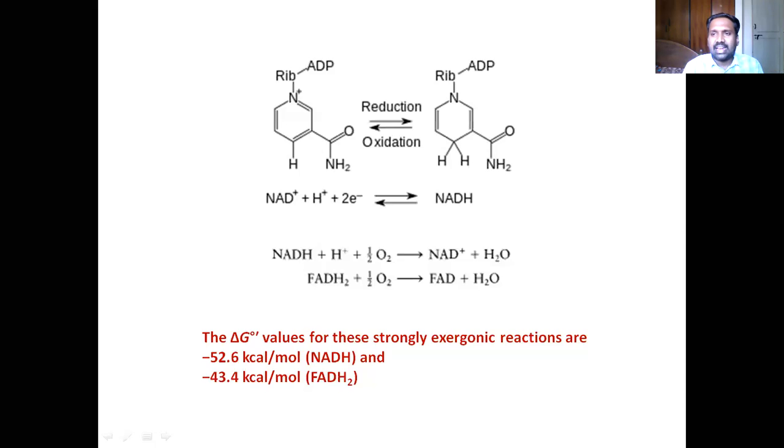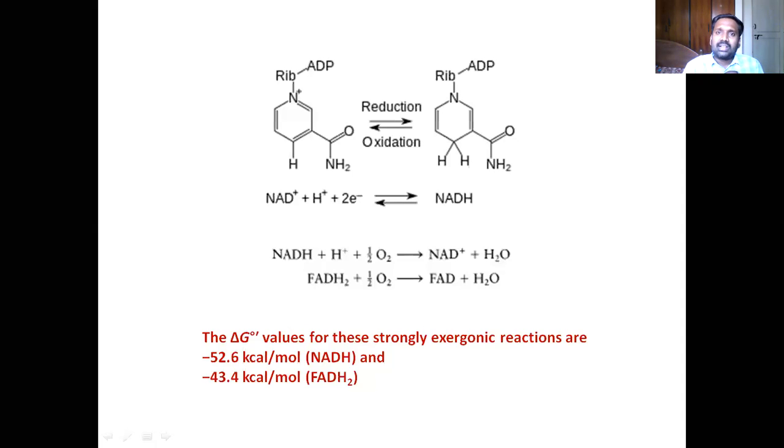So whether you oxidize NADH in a single step or in 10 steps, finally the energy liberated is still 52.6. If it is combustion, in one step so much energy is released. If it is multi-step, at every step small amounts of energy are released. And if you add up all these liberated energies, finally it should come to minus 52.6 kilocalories per mole.